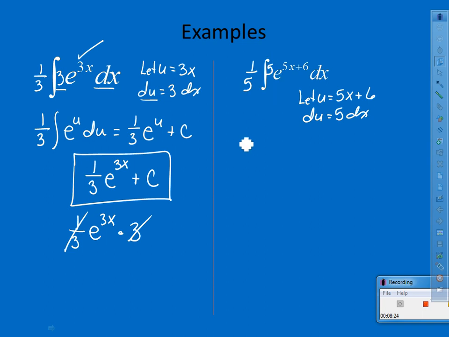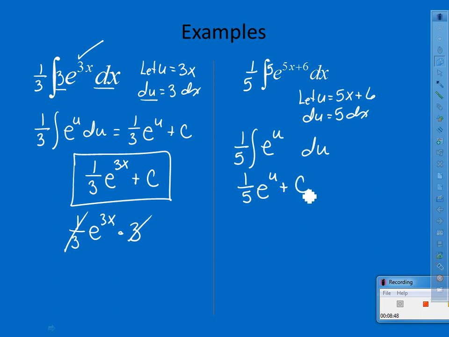That means this becomes 1/5 times the antiderivative of 5 dx is my du. E to the 5x plus 6 becomes e to the u. My answer now becomes 1/5 e to the u plus c.